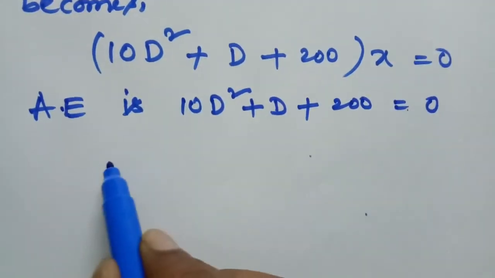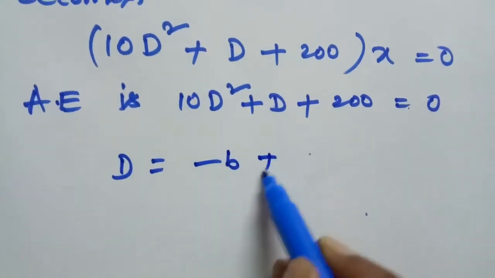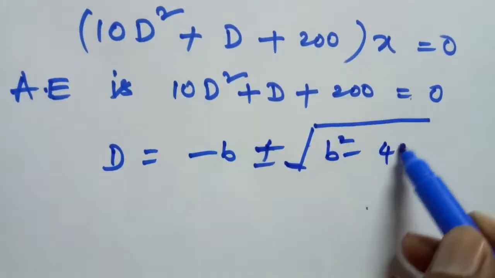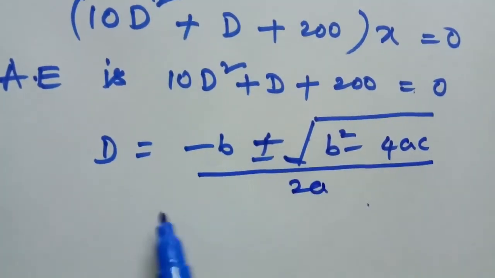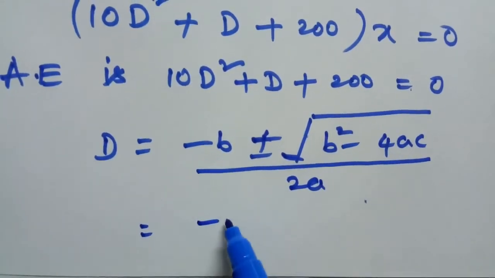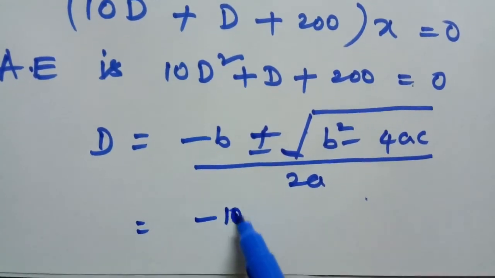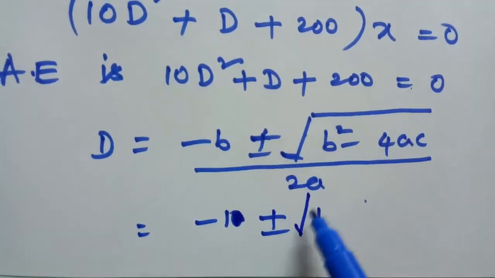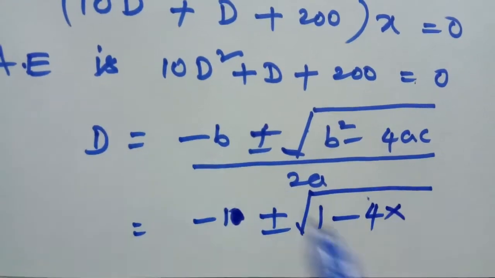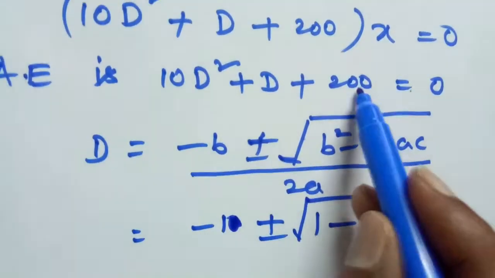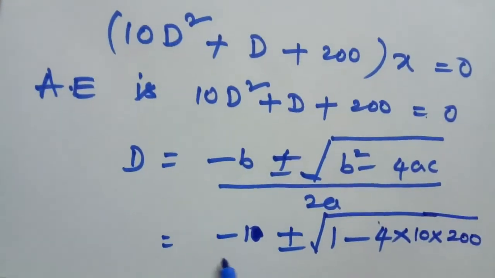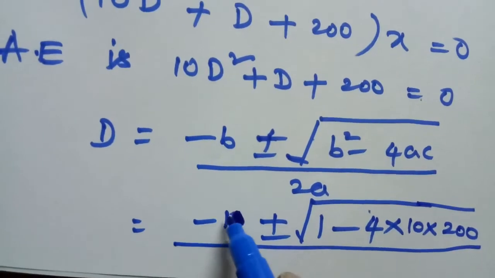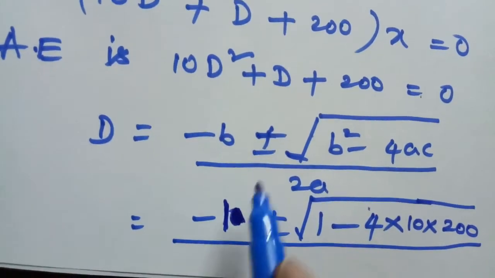Therefore D is equal to minus b plus or minus square root of b square minus 4ac by 2a, by the formula. Here b is 1, 4 into a value 10 into c value 200, by 2a.